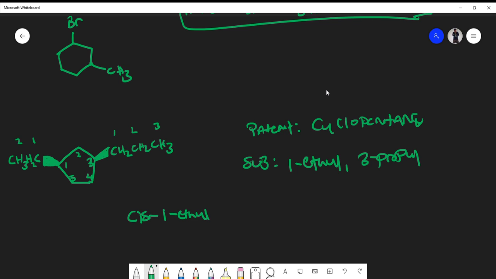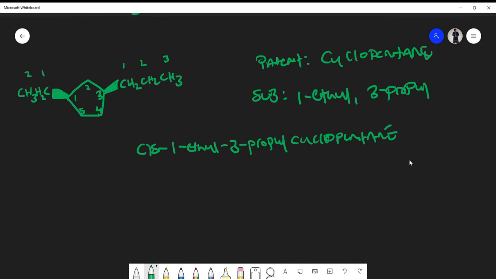Again, alphabetical order, ethyl, E comes before propyl. Now it's 1-ethyl-3-propylcyclopentane. Right? So this is how we name cycloalkanes.